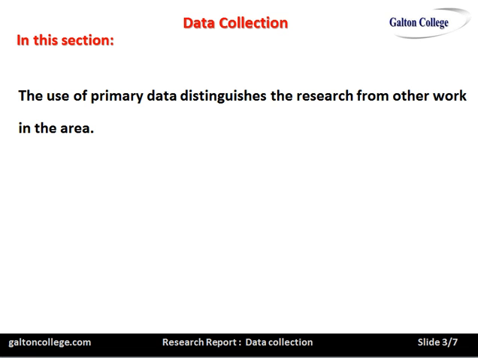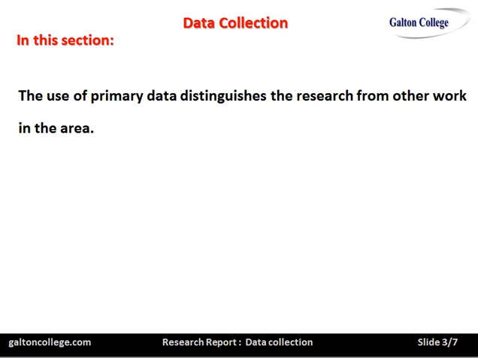Now, the use of primary data distinguishes the research from other work in the area. Other work may use, for example, secondary data, and many pieces of research may be based on the same secondary data. Perhaps the data has been analysed differently, or different sections of the data have been selected.